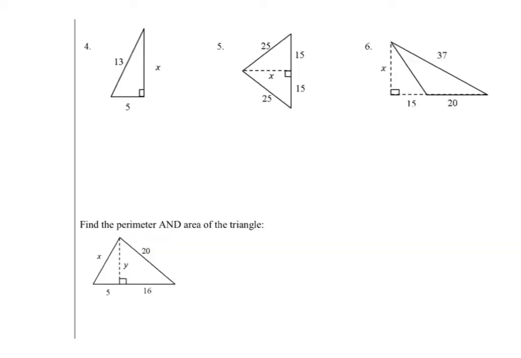If you take a look at number 4, you'll notice that we have a side that is missing. So we need to do my base times my height. I don't really need this number to find the area, but I need it to be able to find the height. So we're going to use the Pythagorean theorem. Remember, your hypotenuse is always the side that is opposite of the 90-degree angle.